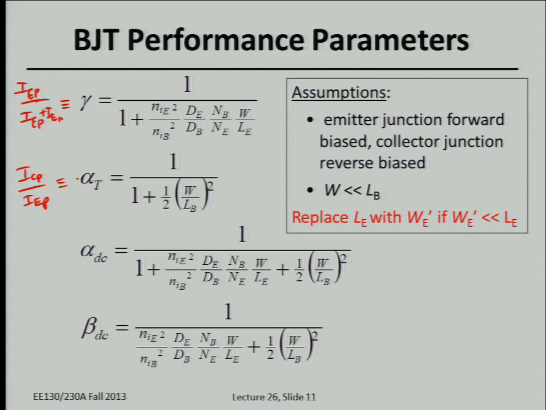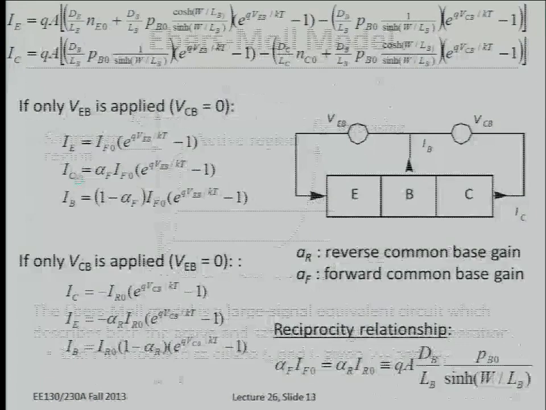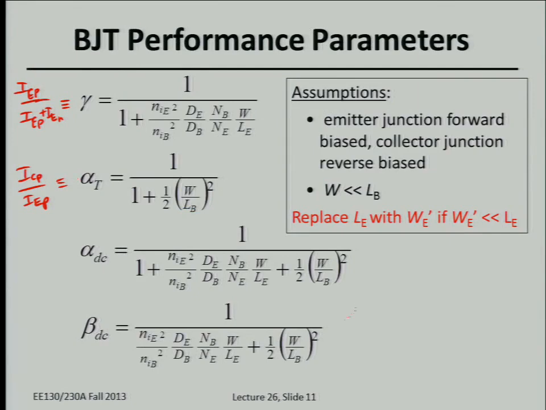Okay, so ordinarily W over LB is very small, and in the denominator, the second term, you can design it to be small.